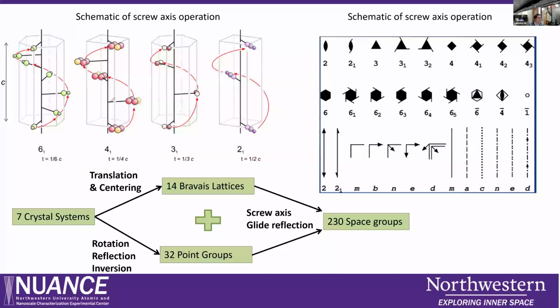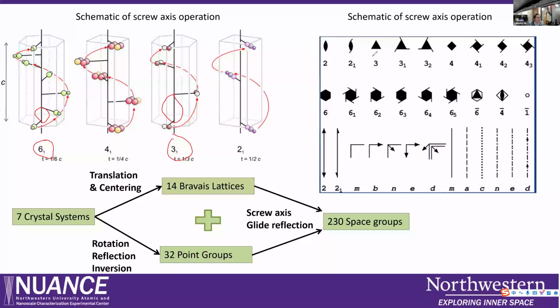For example, first I will show you some schematics of the screw axis rotation. For example, 6-1 uses a rotation of 60 degrees, then has a 1 in 6 translation along this axis. For 3-1, use a rotation of 120 degrees, then you have a 1 in 3 translation along this direction.